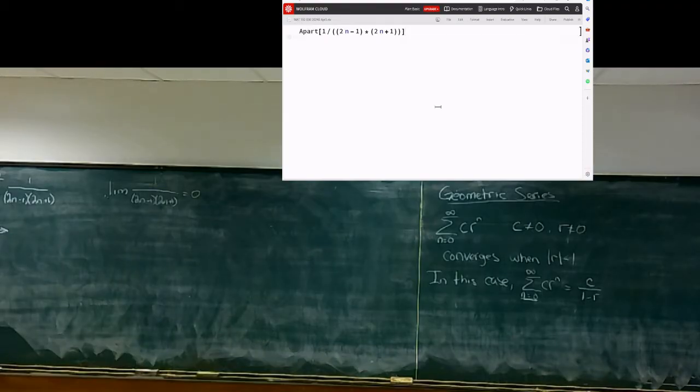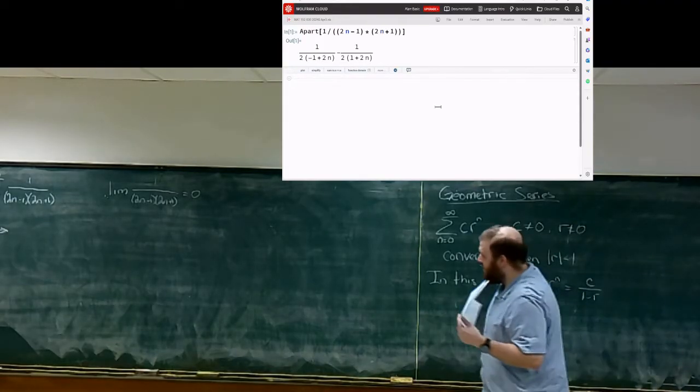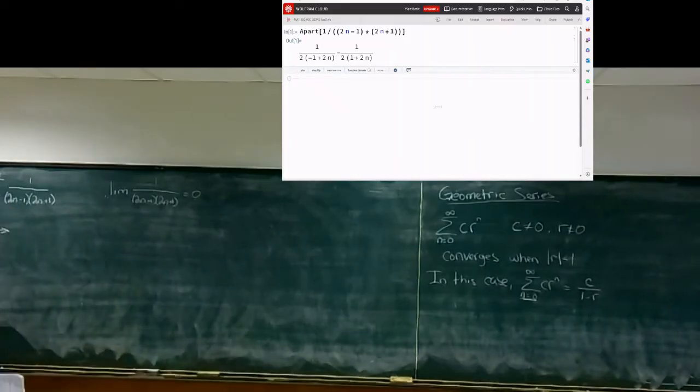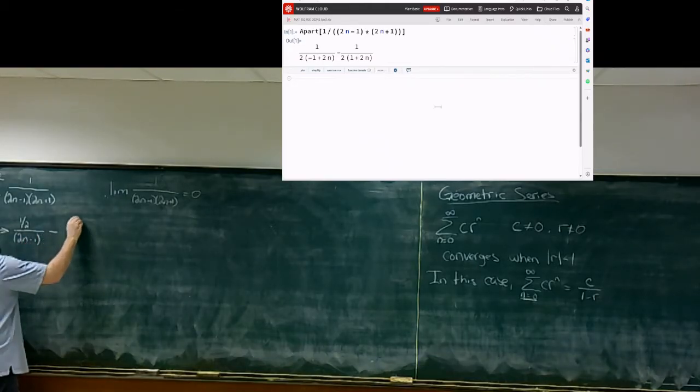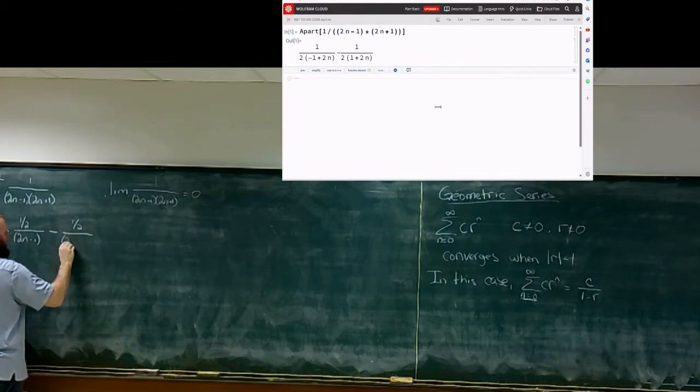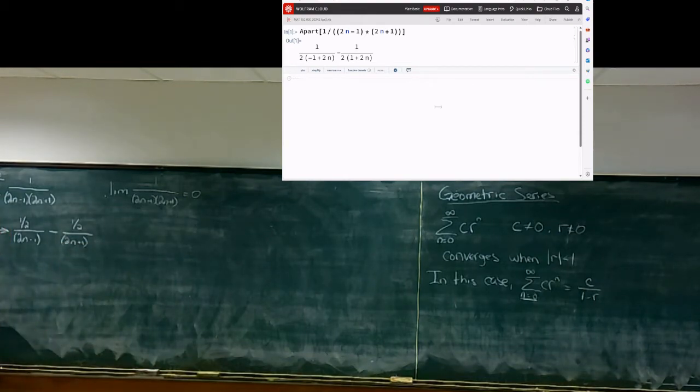So if I just do this, it should give me my decomposition. So it's going to be a half over 2n minus 1 minus a half over 2n plus 1.